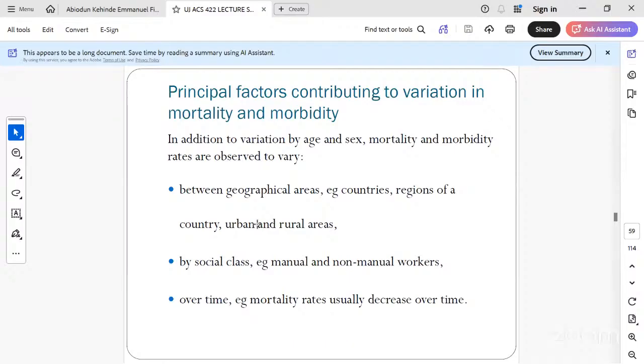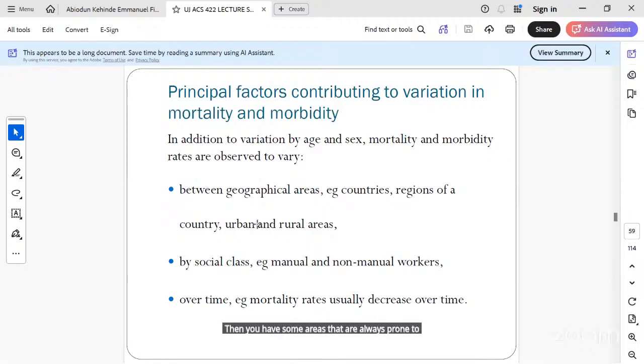Because some countries are always experiencing natural disaster. So you see them having earthquakes, tsunami, and so on. That's a major cause of death, and that means the mortality experience will shoot up in that area. And then you have some areas that are always prone to war.